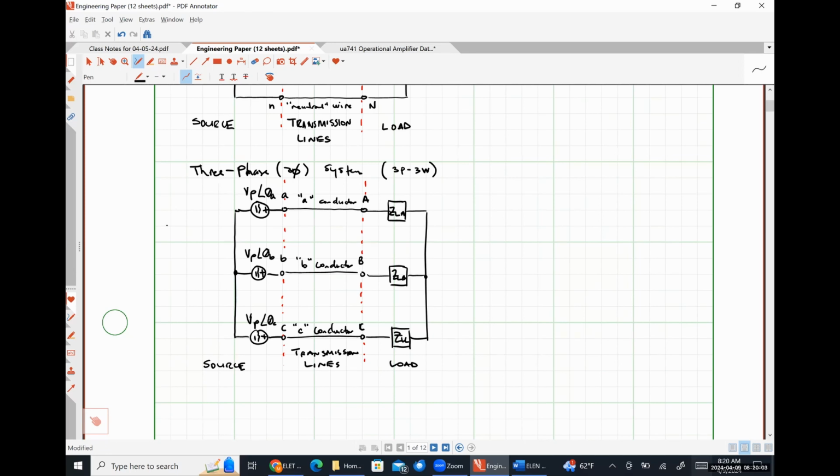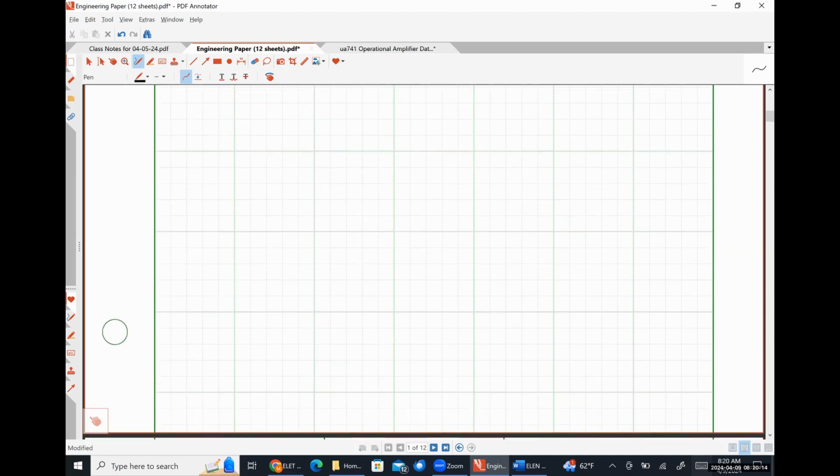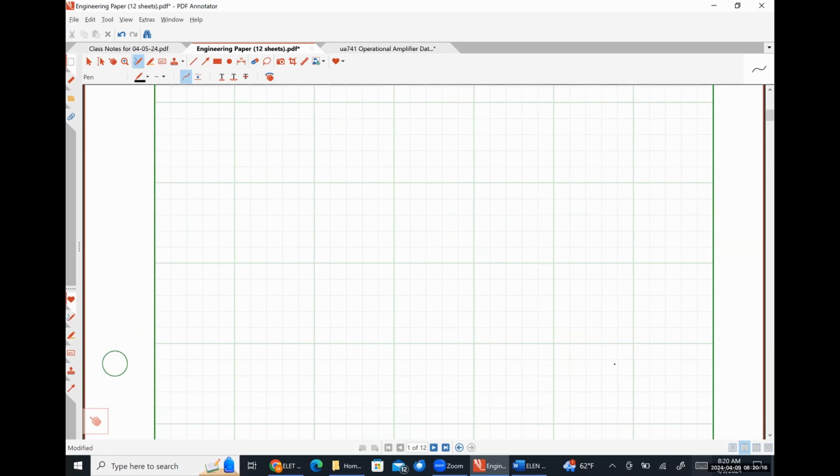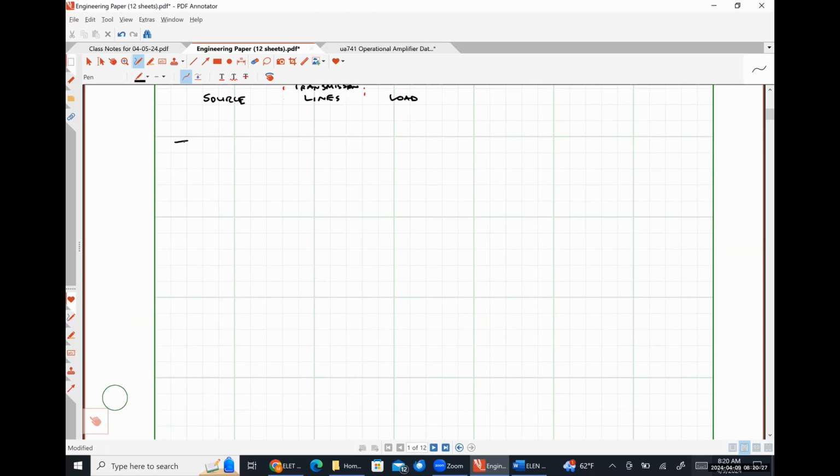All right, so we've kind of talked about the why to some extent of three-phase systems. So now let's talk about how things work. You're going to have to bear with my terrible drawing skills here, especially when it comes to concentric circles. Okay, so let's call this bit right here three-phase voltage sources.